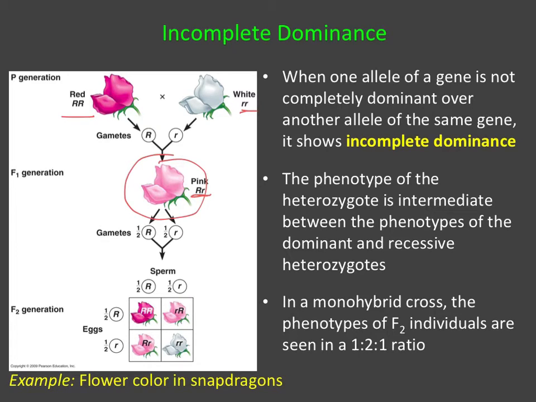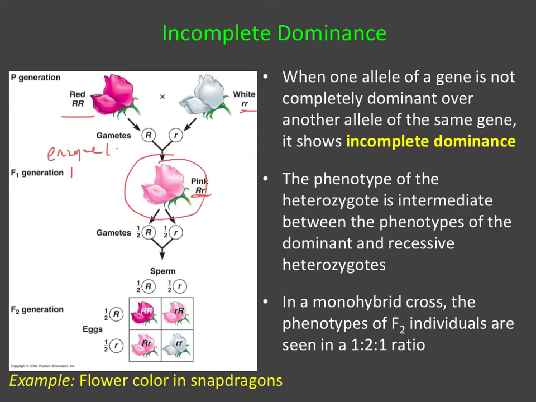What that means is that the red, or big R allele, is not completely dominant over the white. The example of snapdragons can be explained by the fact that red codes for a specific enzyme. If enzyme 1 makes a protein that can make red, you need a certain level of enzyme 1 to make red.